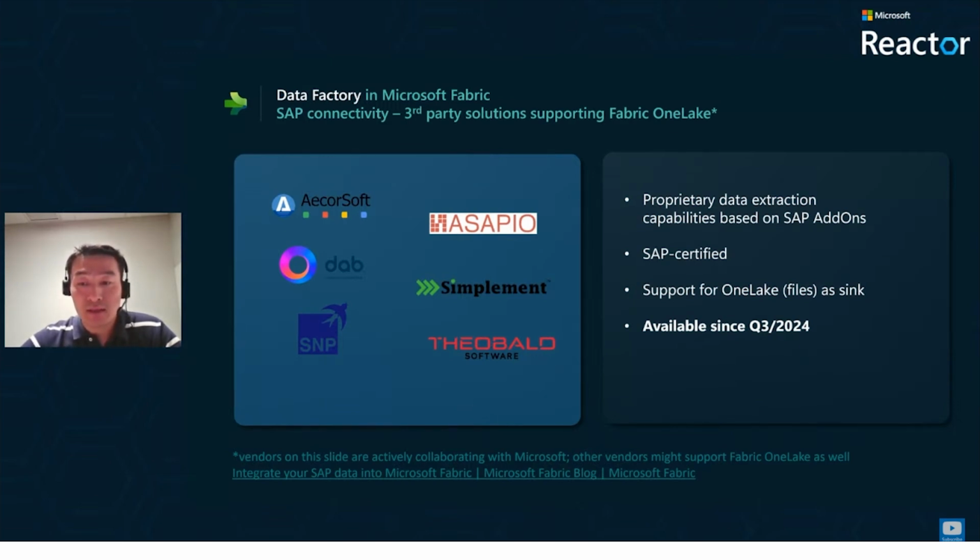The first phase of the integration with these partner tools was very straightforward. We enabled them to support OneLake as the destination, that is, to land the data in a file format within OneLake. These tools already provide a wide range of data integration scenarios for SAP, including getting data from SAP BW systems, tables, views, and even more advanced use cases like change data capture.